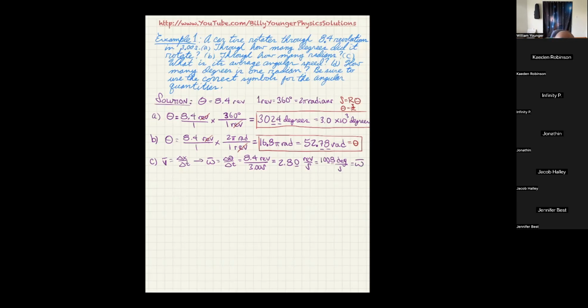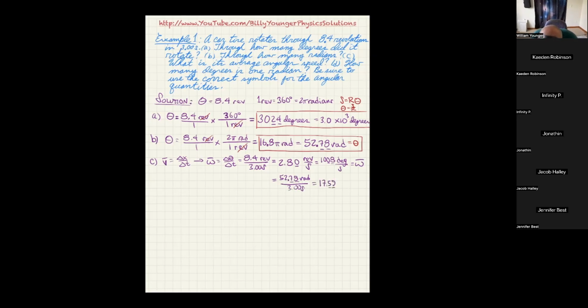I could also do it in radians, so I'm going to take our 52.78 and divide that by 3. So 52.78 radians divided by 3.00 seconds, and that's going to give me 17.59.